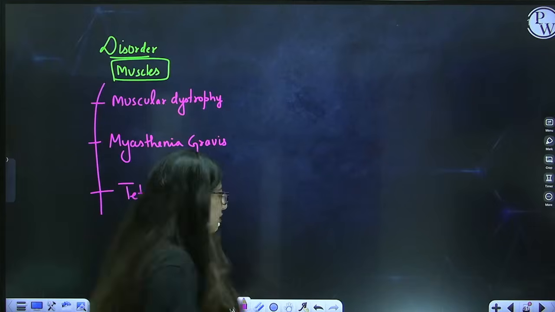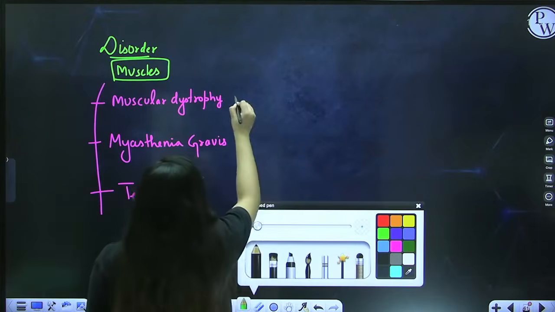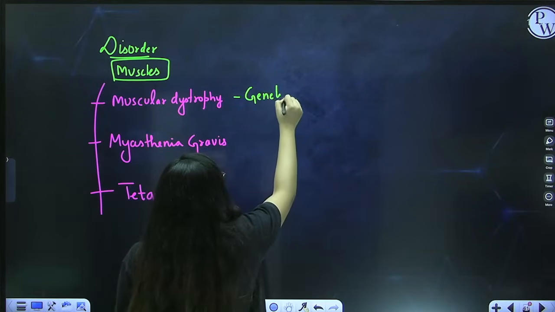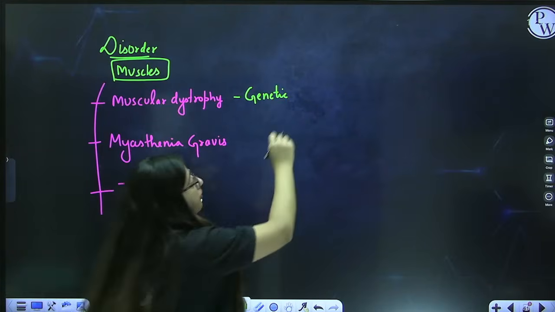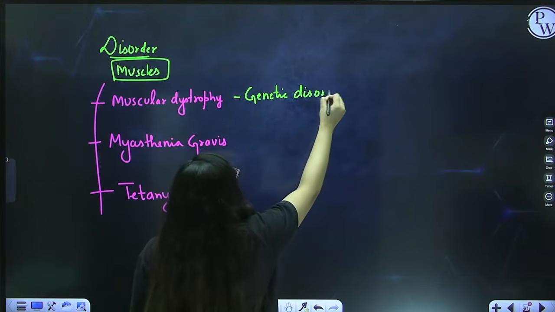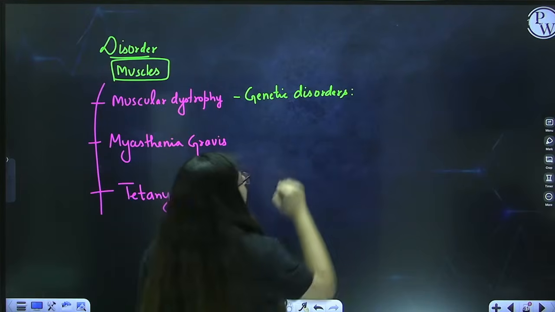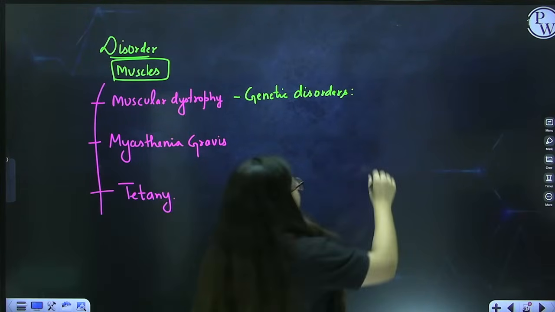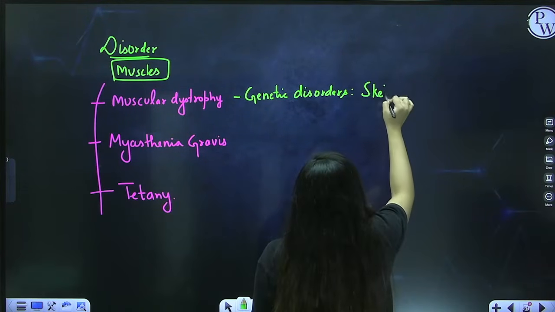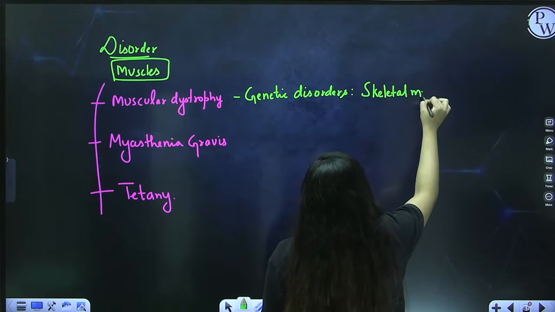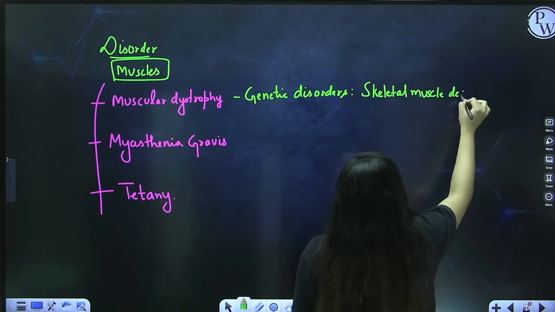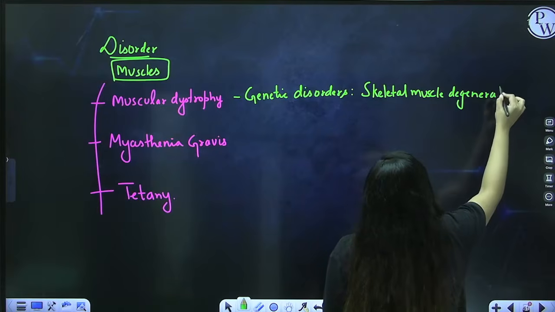All right. So muscular dystrophy is a genetic disorder. That means the genes are not fine. It is a genetic disorder which will lead to skeletal muscle degeneration. The muscles will die. Why?